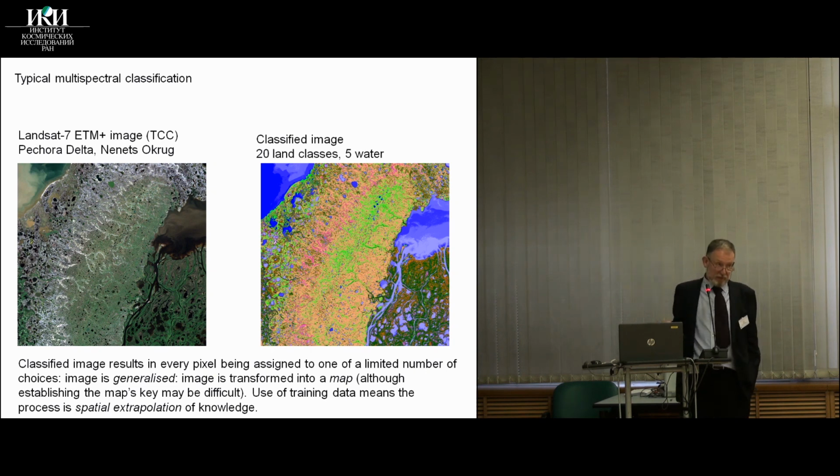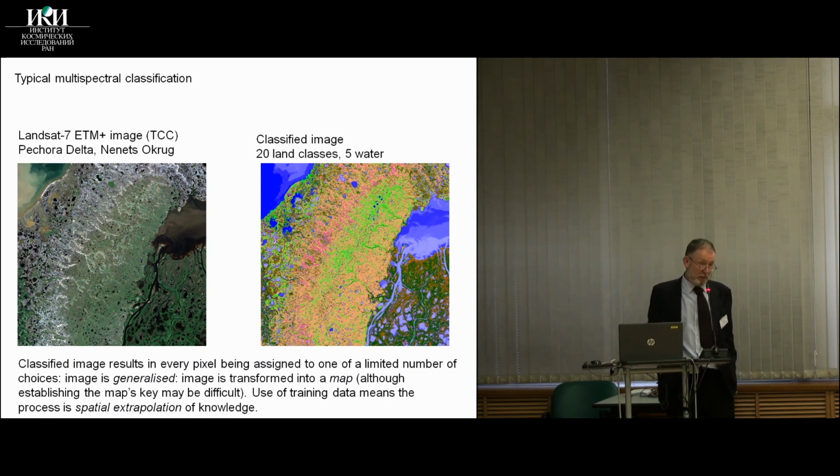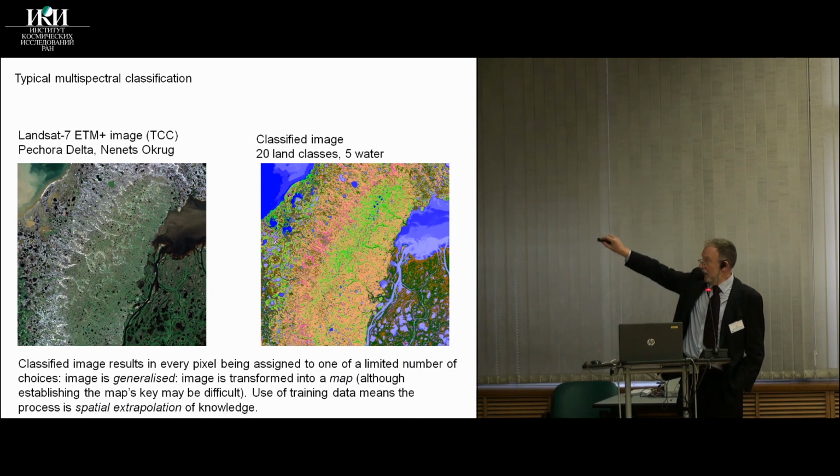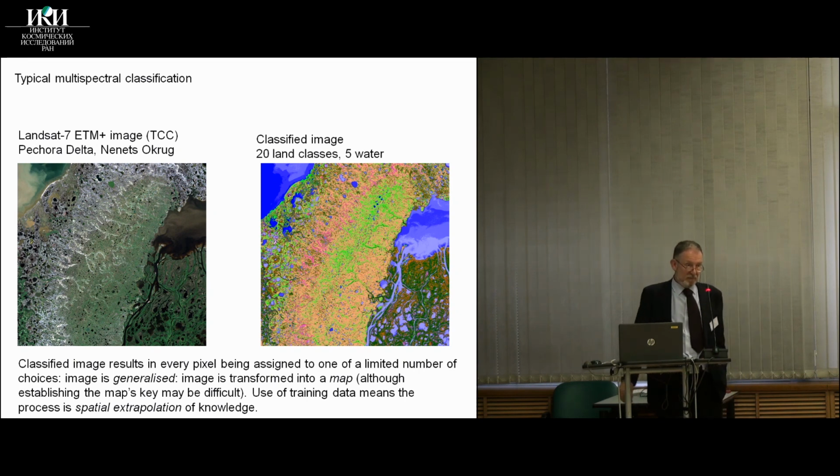And the main reason for needing so many water classes here is the amount of sediment being brought down by the river. So there are strong variations in surface reflectance, which is not so much differences in the type of sediment, but the depth to which it's being carried, actually. So this is largely a map of depth of the bay here, in fact. So we could have classified it in that way if we were more interested in hydrology than we are.